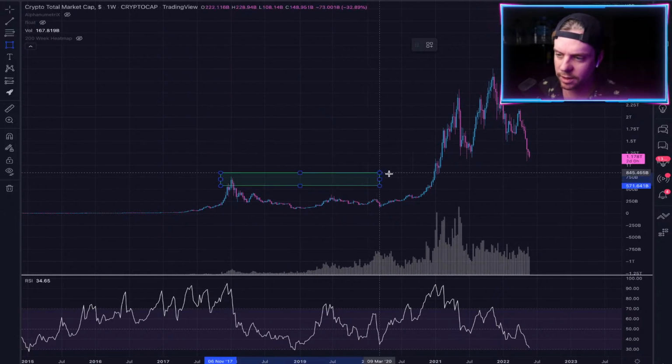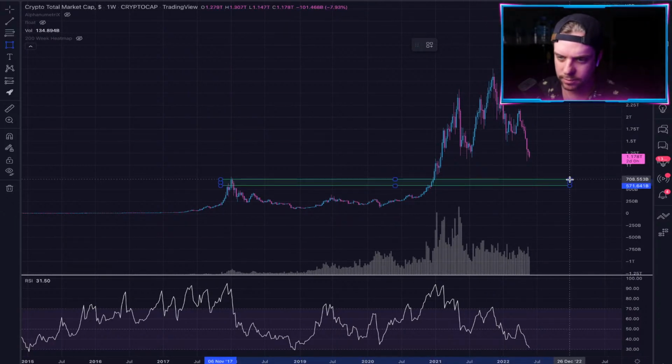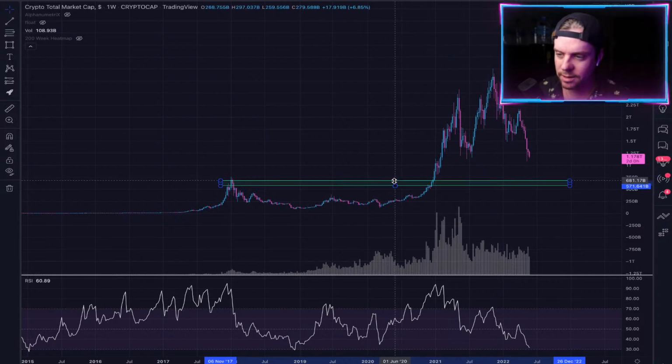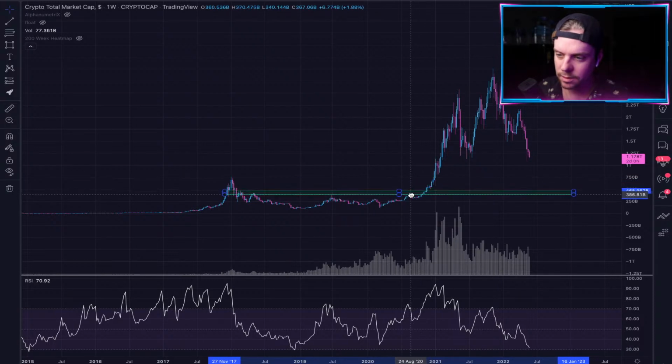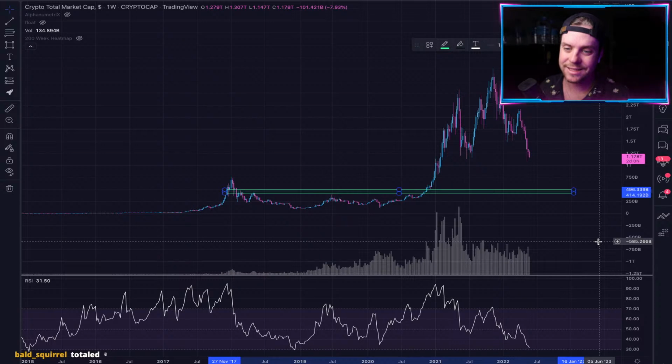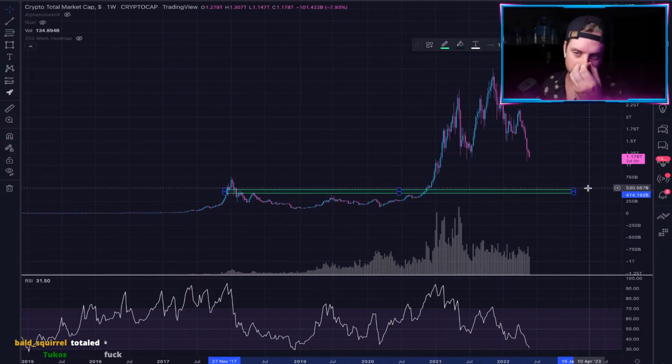To me, I'd be looking here, which is brutal. But I mean, this is where, and it might even go lower. Like it might go down to here. This is where there's more structure. So that's half a trillion dollars, $500 billion, from basically 3 trillion to 500 billion.